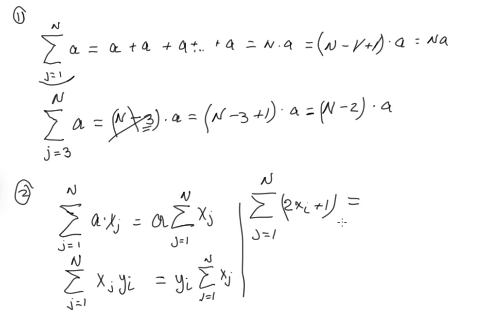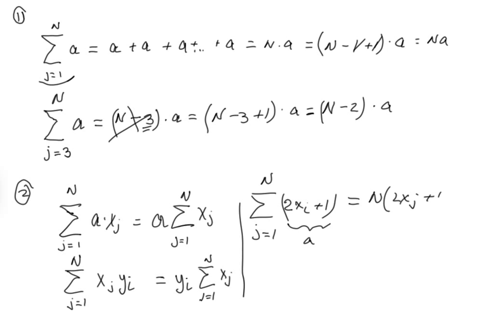Well, what do we do here? Again, we are governed by j here, but we have xi. The whole thing is treated as a constant in that case. So the answer is n times (2xi plus 1). Right? So these are basic rules.